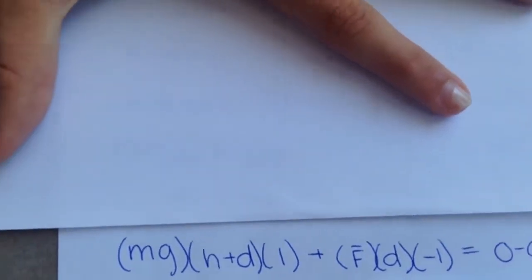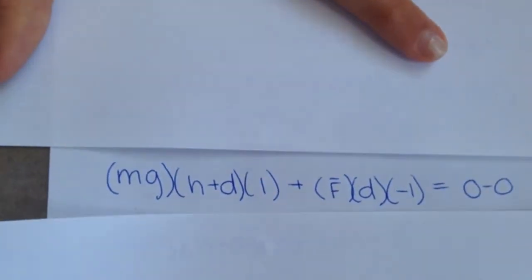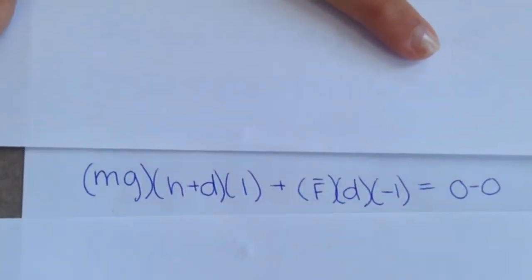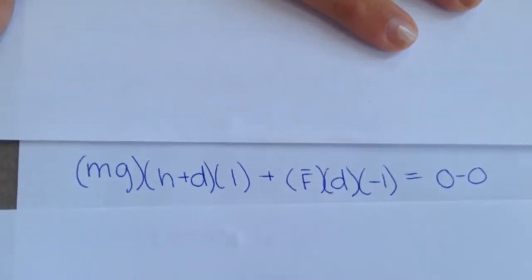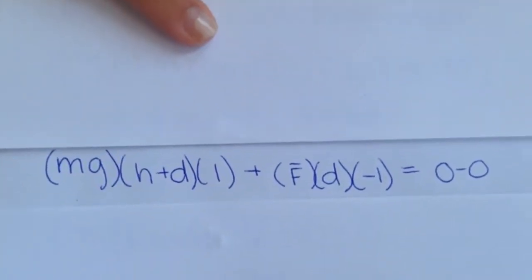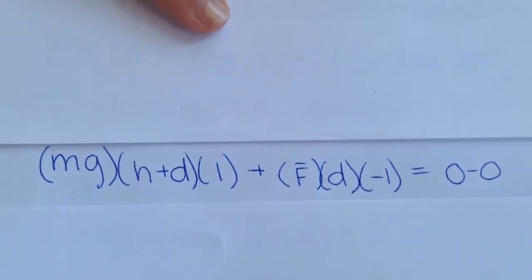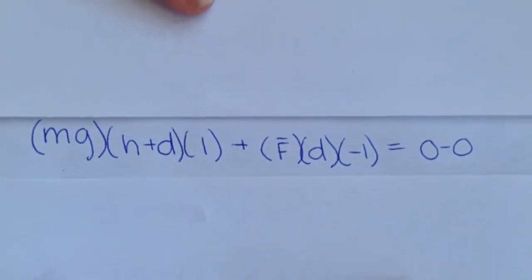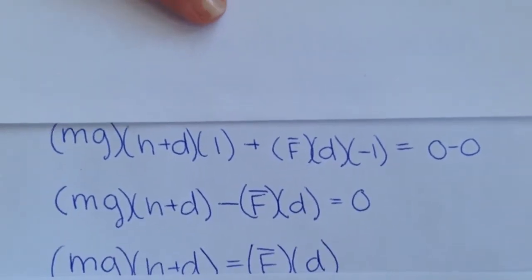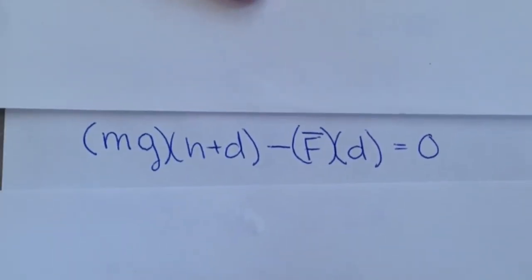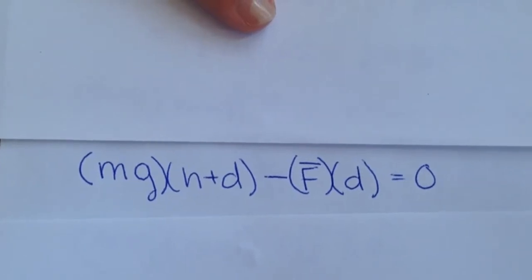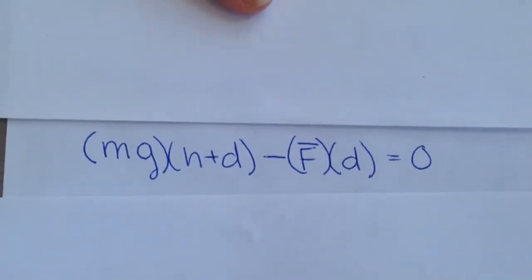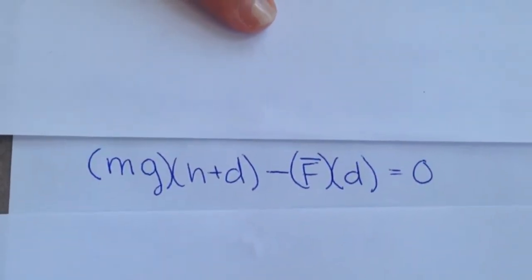So we come up with the equation: mass times gravity times (h plus d) times 1, since cosine of 0 is equal to 1, plus force average times distance times -1, since cosine of 180 degrees is -1, is equal to 0. Simplifying, mass times gravity times (h plus d) minus the force average of the beam times distance is equal to 0.